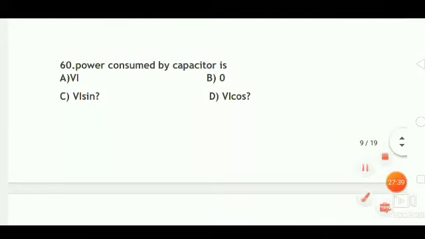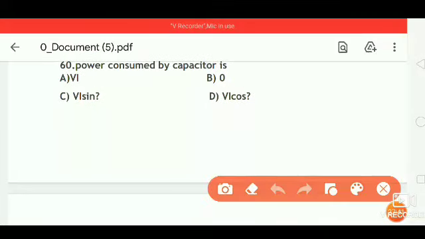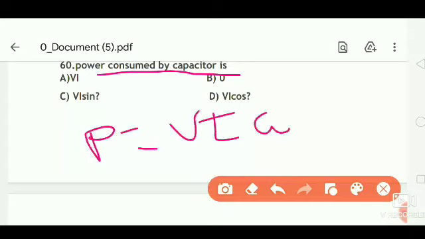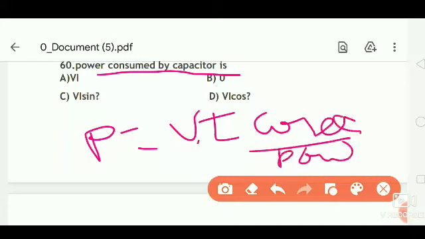So the next question is, the power consumed by the capacitor is, here option A VI, option B 0, option C VI sin theta, option D VI cos theta. Here the power consumed is P equals VI cos theta. Here cos theta is the power factor, V is the potential difference, I is the current, and P is the power.